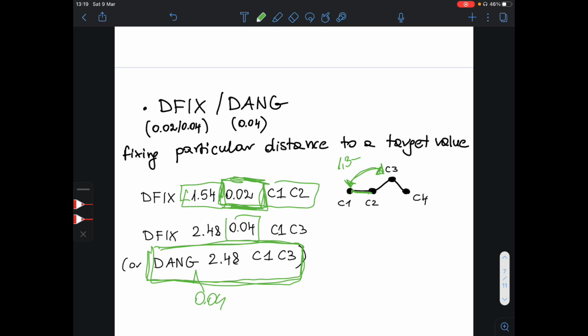So in general, it is recommended that if it's some easy case, where the refinement can converge okay, giving you meaningful results, it's better to always start with SADI restraints, and then if you notice that something is really wrong, then play with DFIX or DANG restraints. So in the videos, we'll always try to use SADI or SAME first, and then we'll go to DANG or DFIX.